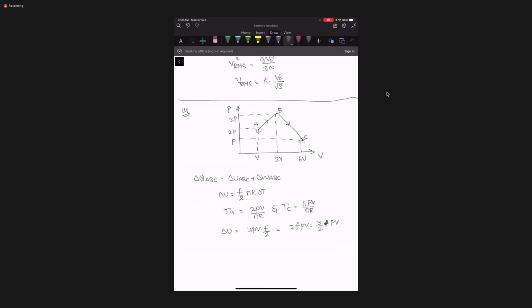See, why f again? Can you directly use PV equals nRT and do? One second. Did I make a calculation mistake? 2 PV, 6 PV. It's correct, no? Into n, it is 3 PV, no?